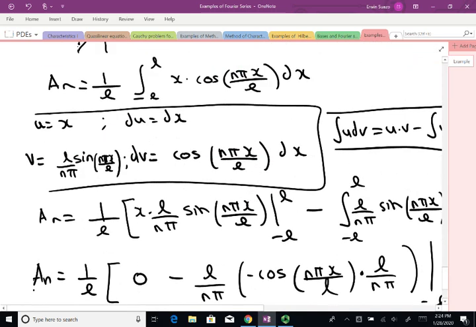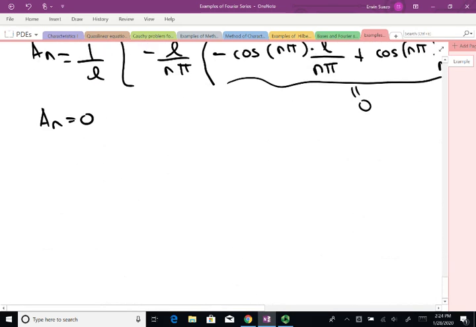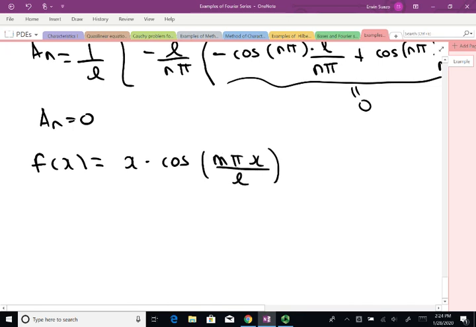So the function, let's say I call f of x equals, if you wanna save time for the future, let me tell you, x cosine n pi x over L, right? I should probably do it this way, so I save time, but I'm trying to make sure this is understood.